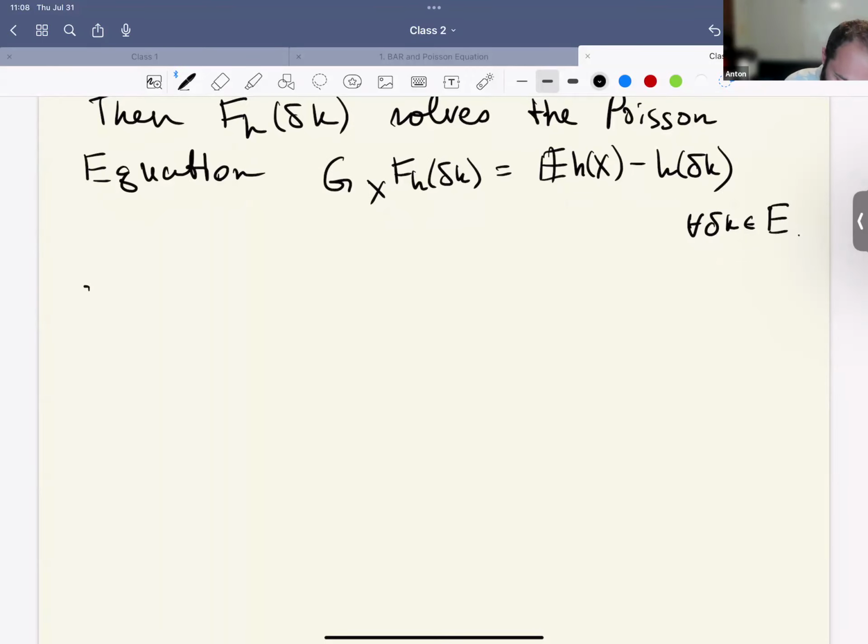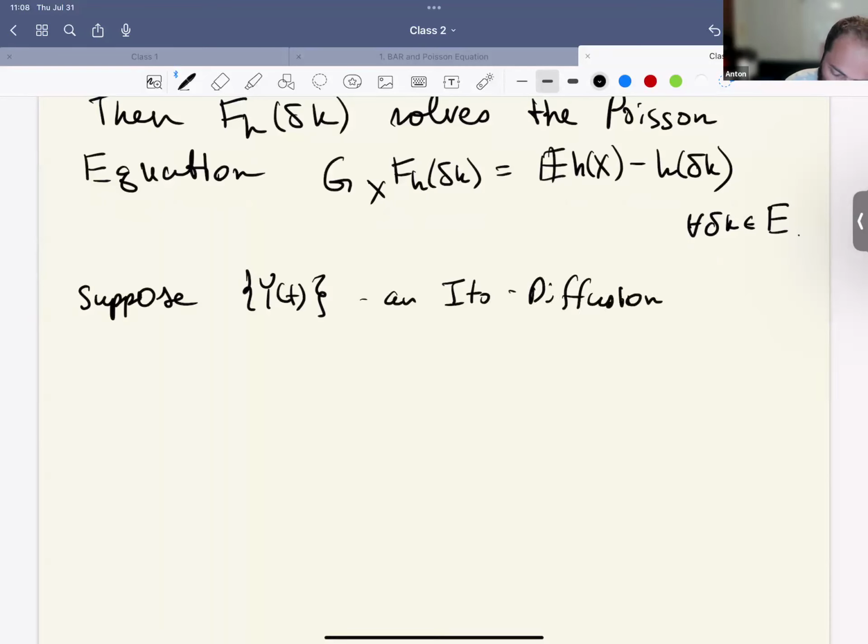So suppose we have y of t, an Ito diffusion with stationary distribution given by the vector y.